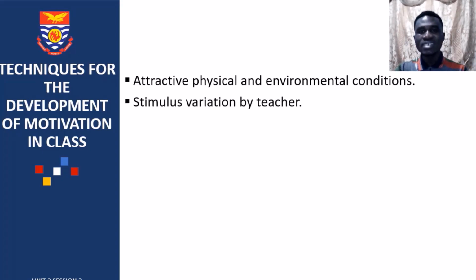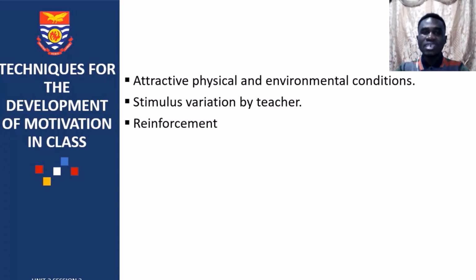The second one is stimulus variation by the teacher. So the teacher is someone who has a sense of humor. He is able to use activities that are interesting, and he varies these activities in ways that also interest the learner. And all these activities at the end of the day motivate the learner to learn.